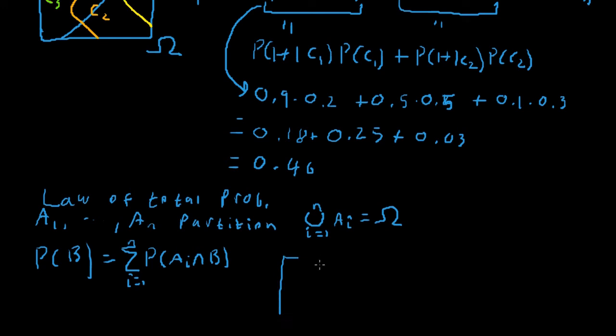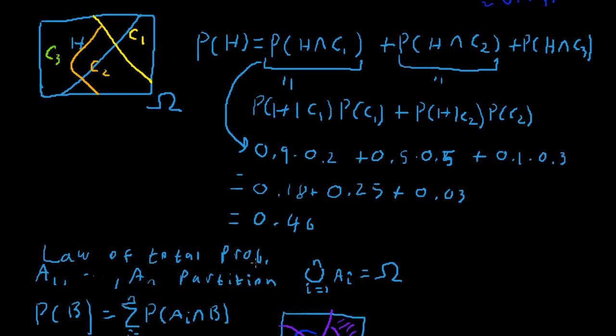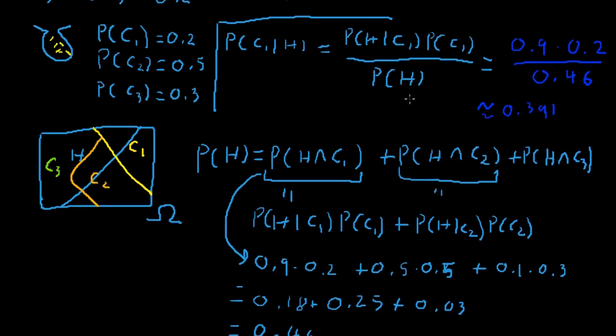So if this is B in here, and then I have one set out here, another set out here, another set out here, and an extra piece out here, I could use all of them, but I don't have to, because the intersection of B with this one out here is just 0, so it's not going to contribute anything to the sum. So that is the law of total probability, and you're going to be using that a lot with Bayes' rule problems, because it's frequently how you're going to find the denominator in the problem.